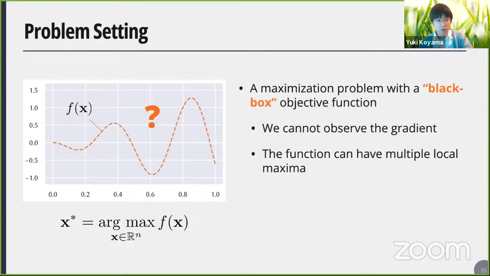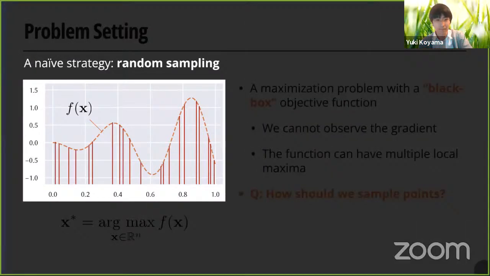This is called a black box optimization problem, and we cannot observe the gradient, and the function can have multiple local maxima. The challenge here is how we should sample points strategically. One naive strategy is to randomly sample many points, like 10,000 points, and then take the point that provided the largest value.